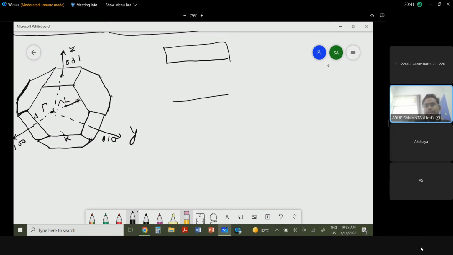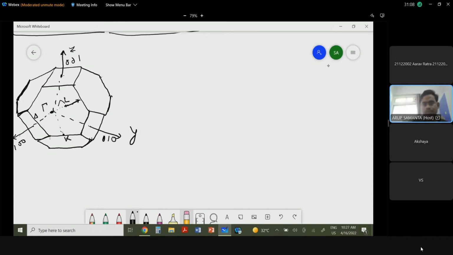And in the last class, I tried to draw the band diagram of silicon. This is what we call the valence band. This is schematic, and the conduction band that we drew earlier. Now I want to remove it and draw the actual band diagram based on this Brillouin zone structure.